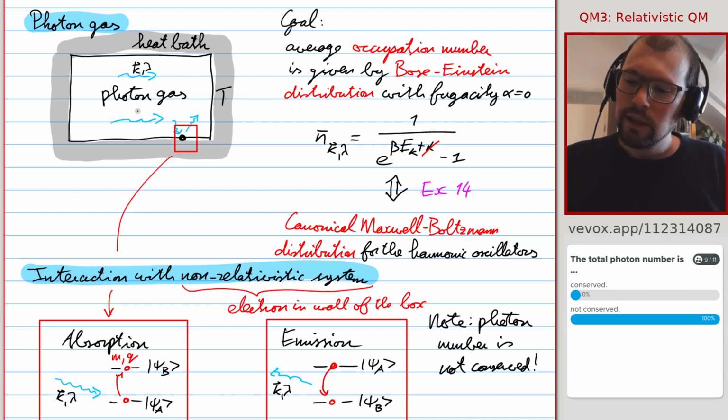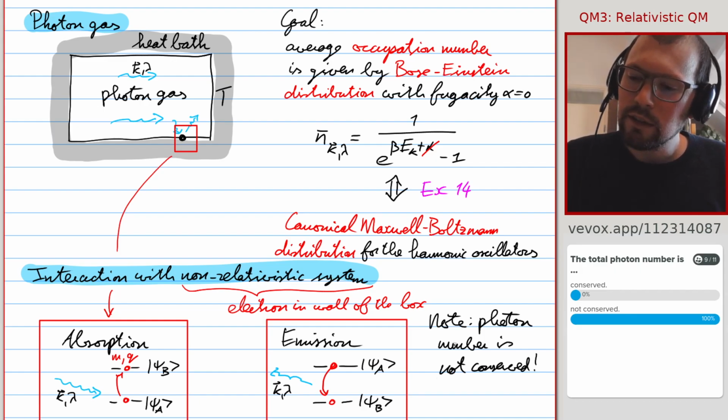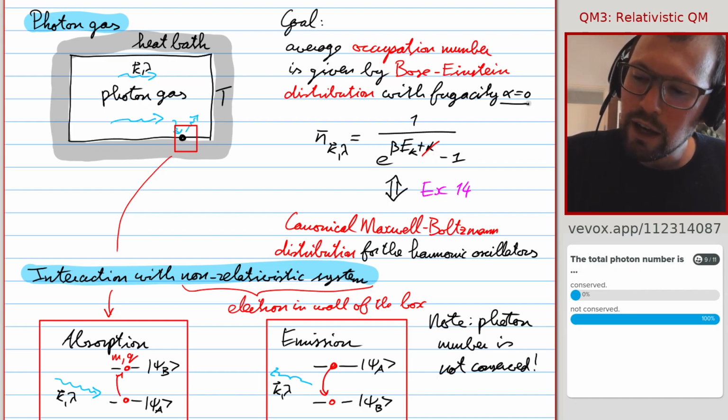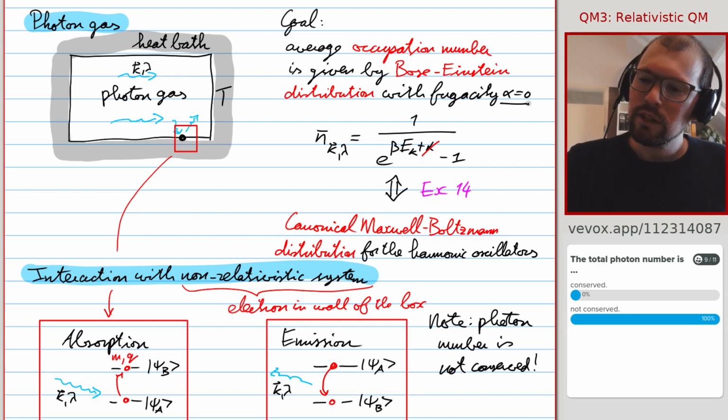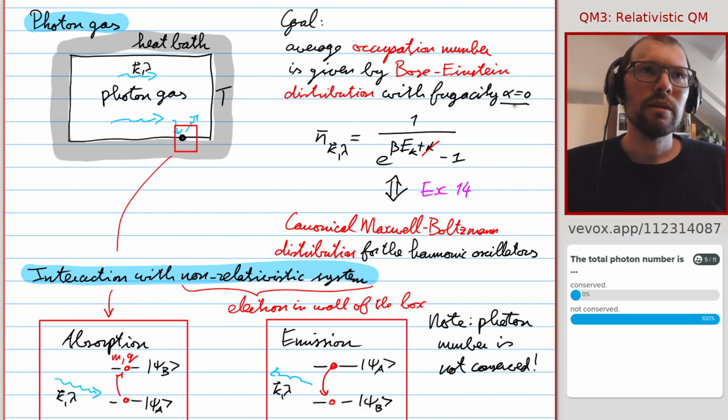And this is also one way to understand why I always have to take the fugacity to be exactly equal to 0. I mean, if you remember in the grand canonical ensemble, how did we derive this ensemble with a variable fugacity?